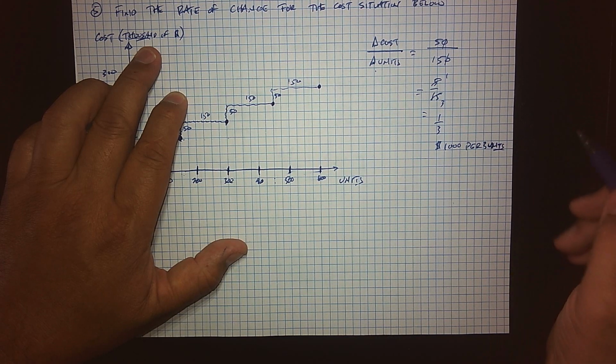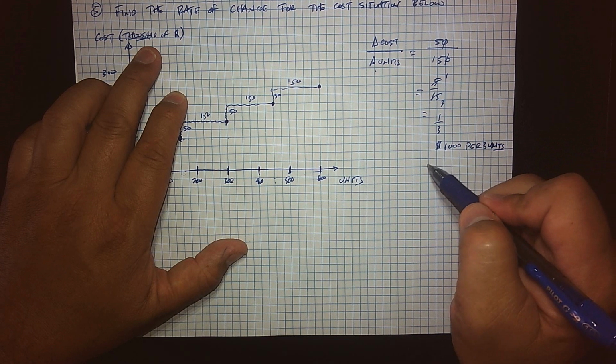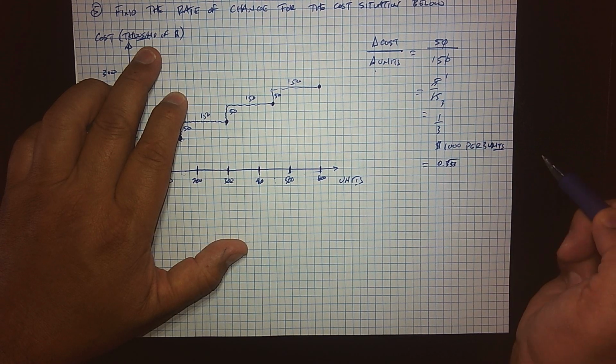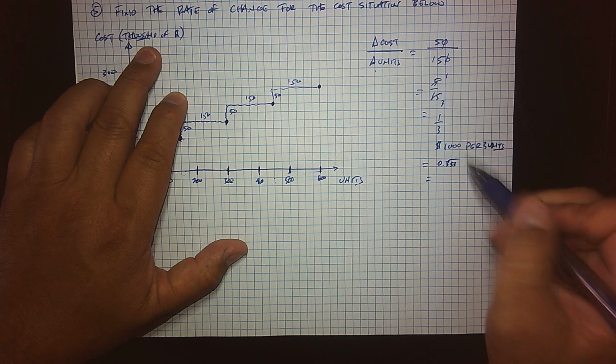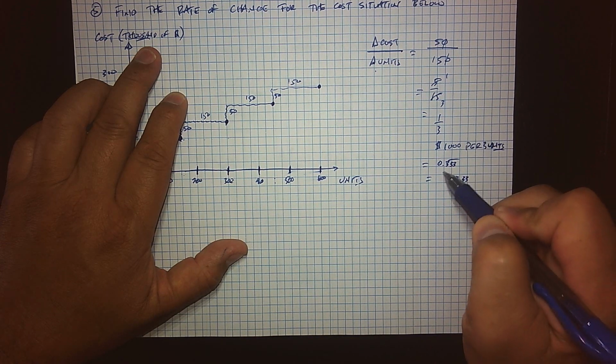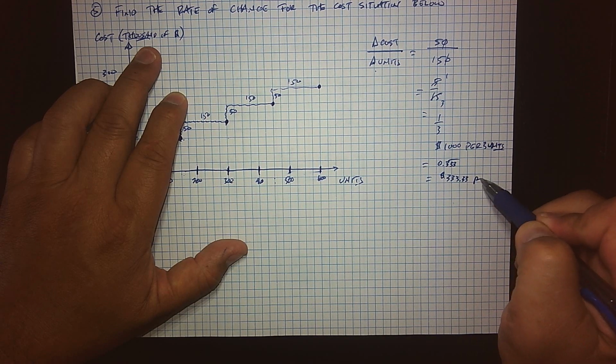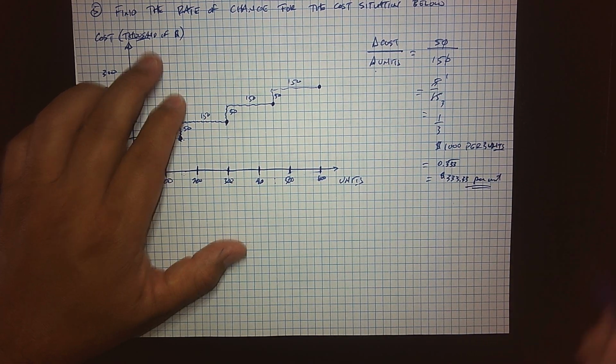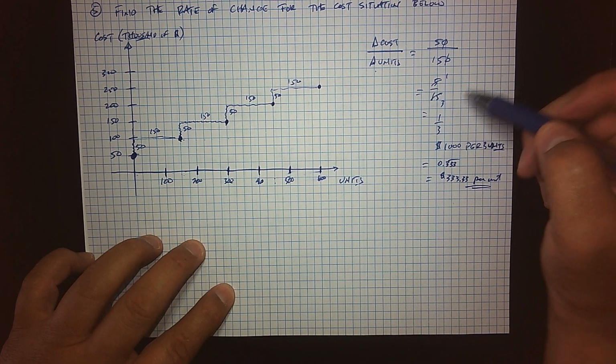Of course, we also know that this is 0.333 with the bar on it, so we're talking about roughly $333.33 per unit, if you wanted to go that far. So there are a couple of ways to think about that rate of change.